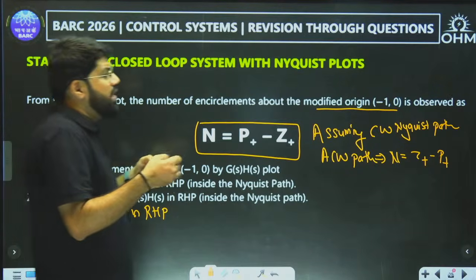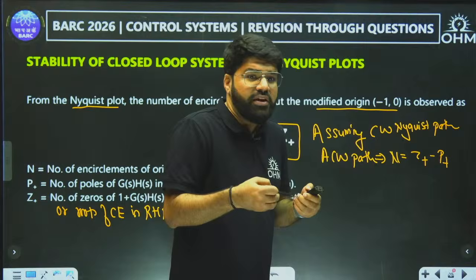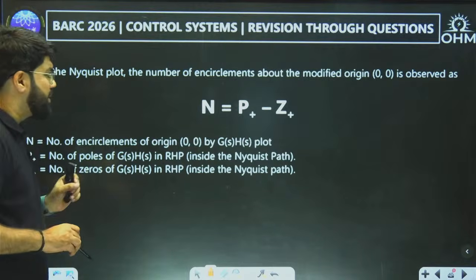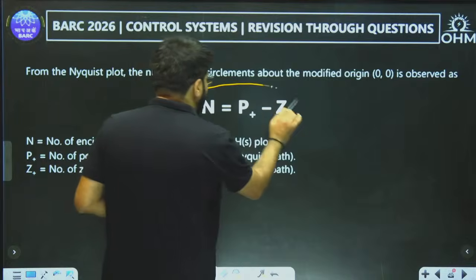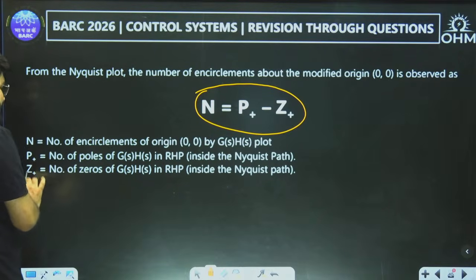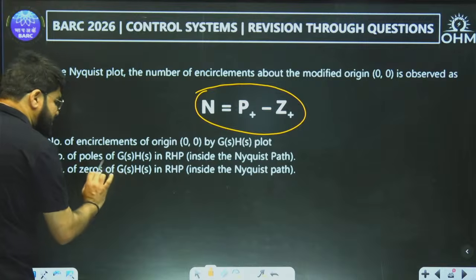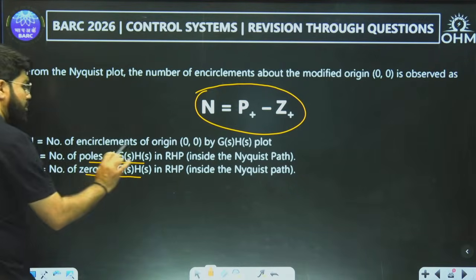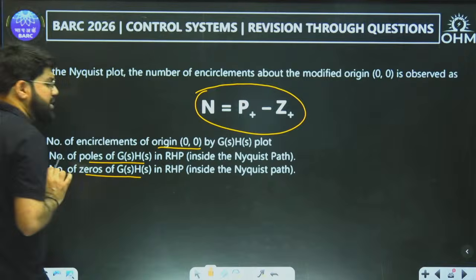Actually, when we start discussing the Nyquist plot and derive the understanding of it, we first come up to this representation: N equal to P minus Z, where P plus and Z plus are the poles and zeros of G(s)H(s) in the RHP, and N is the number of encirclements of the actual origin 0, 0.